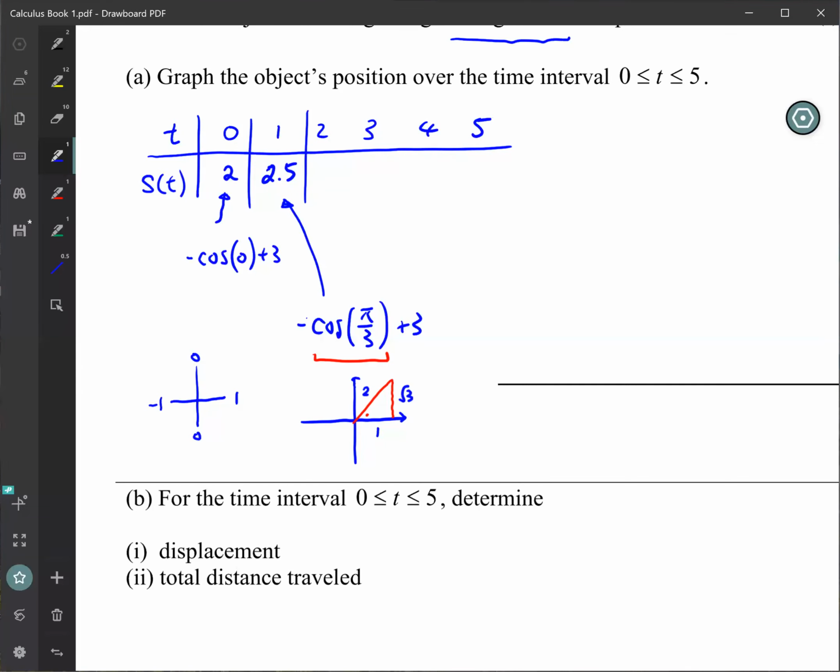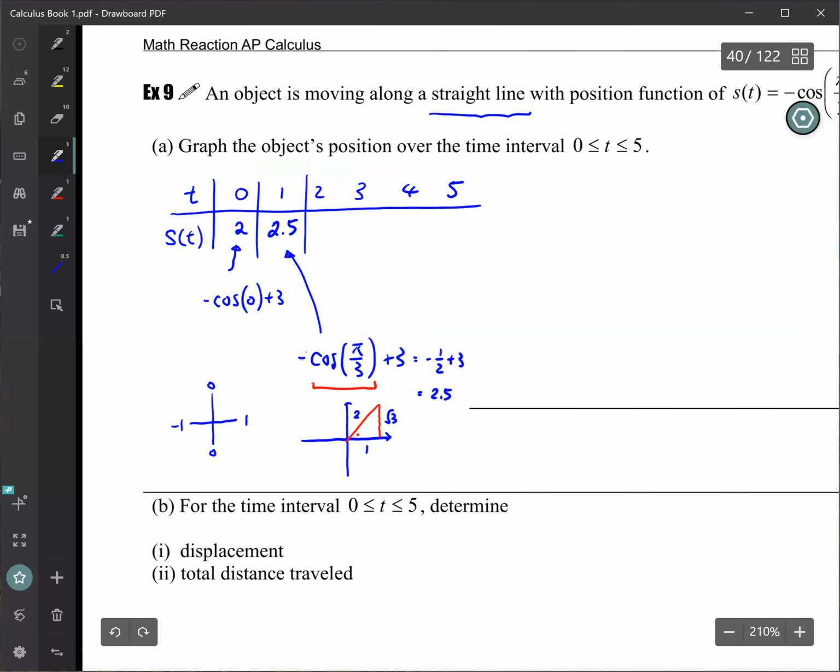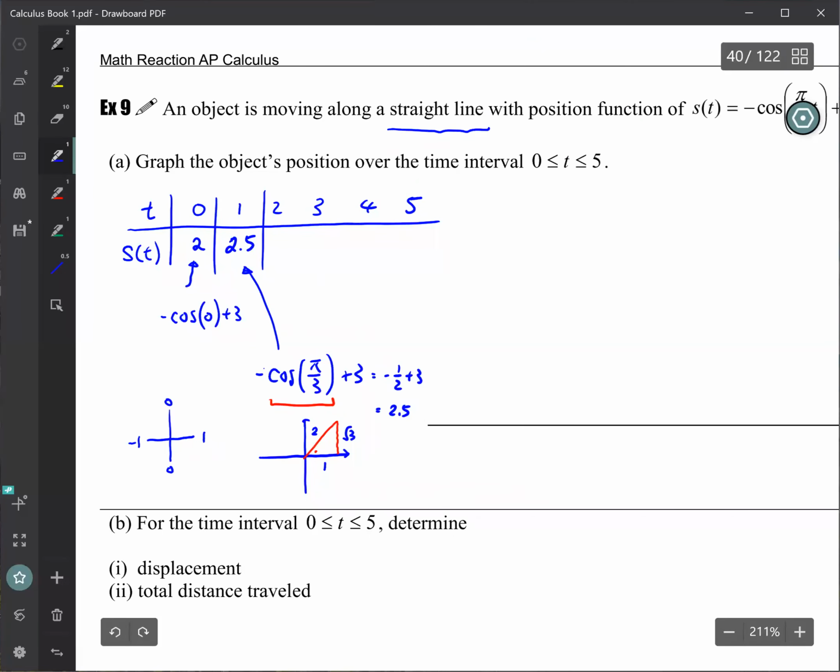So you have to go back and check your grade 12 notes. Now cosine of pi over 3, what would that equal? 1 over 2. Yes. So you plug it in, and it becomes negative 1 over 2 plus 3. That's how you got 2.5. So for each number you plug in, you can draw a picture and find the exact value. It's a good exercise to review your grade 12 material.